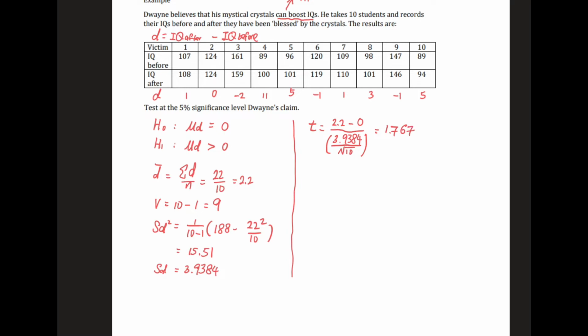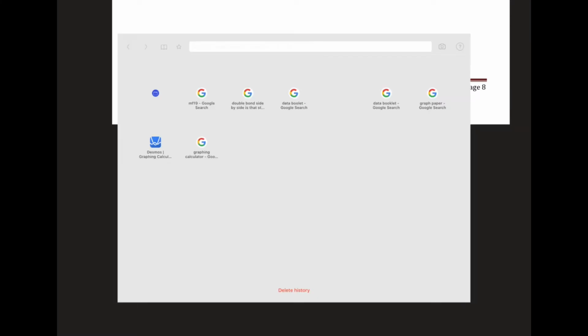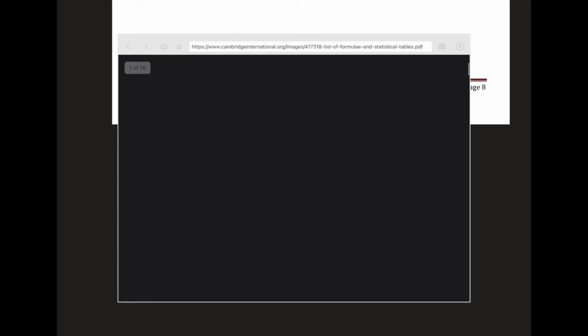This is called the test statistic, and after that you have to find the t critical. Of course, you have to make use of the MF19 again. So let's say I put it down here. So this is the t distributions.